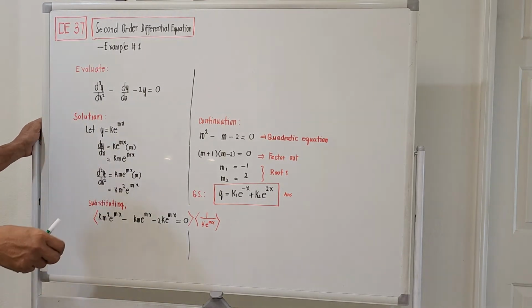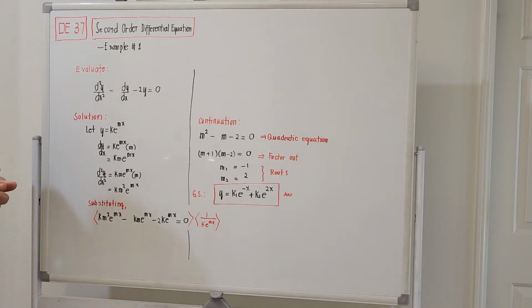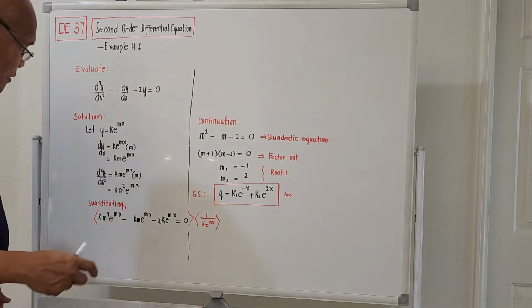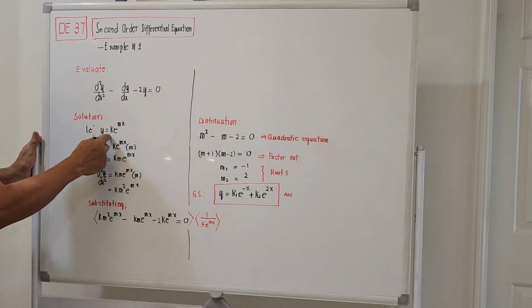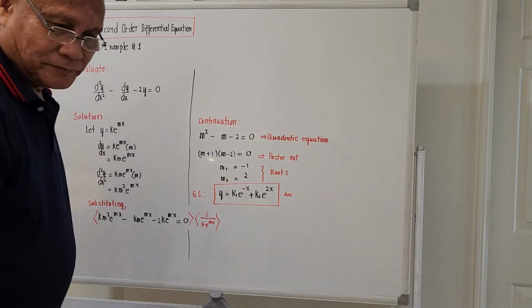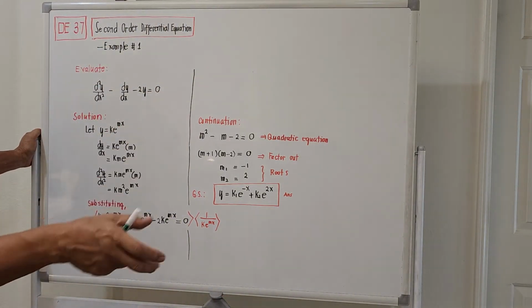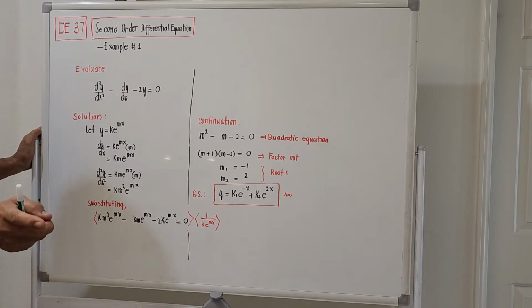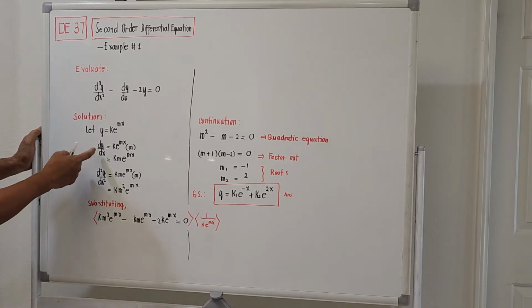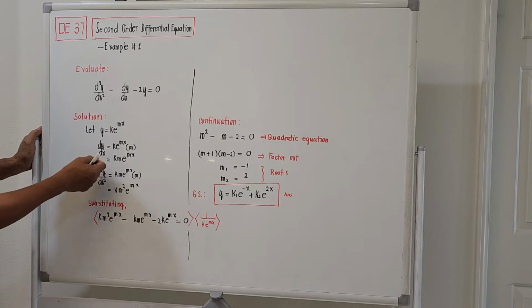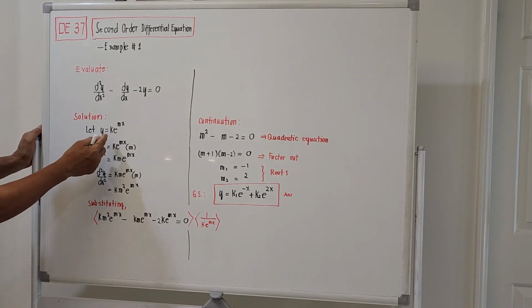Under the concept, the solution is actually y equal to k e raised to mx. Let's try to take the first derivative. The first derivative is dy dx equal to the right hand side.